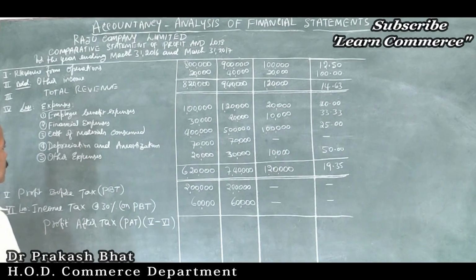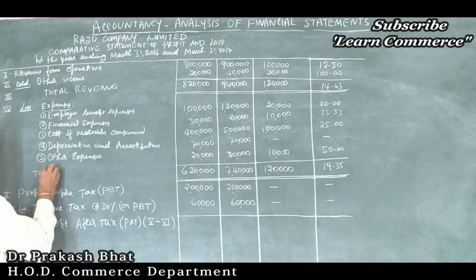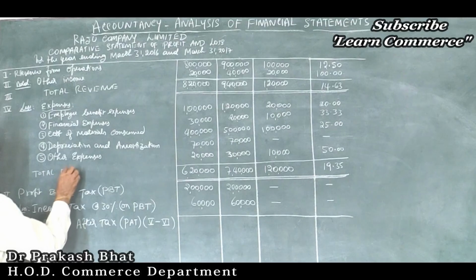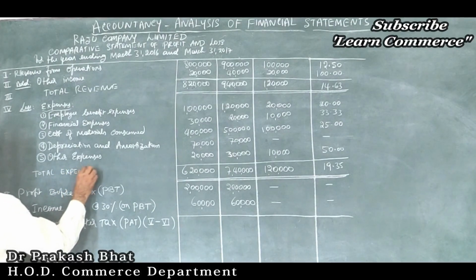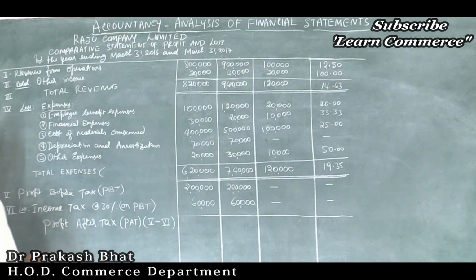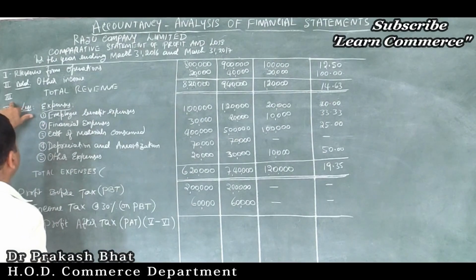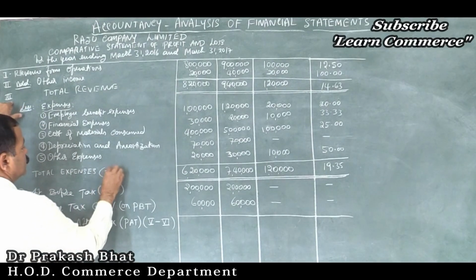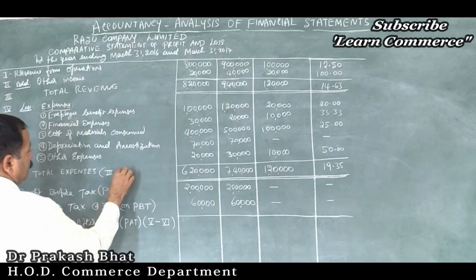Here, this is total expenses. You have to write here total expenses. Total revenue is Roman 3 minus Roman 4.